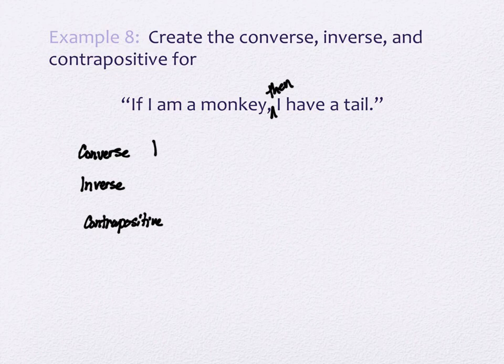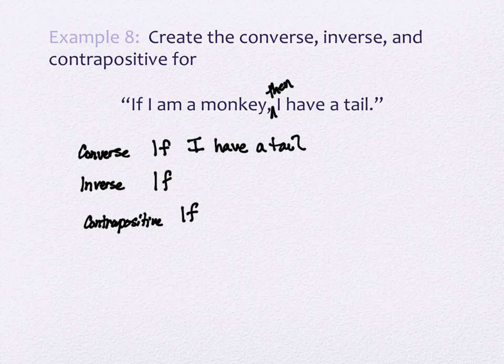Okay, if stays still, and it will stay still in all the cases. So instead of it saying if I'm a monkey, it will say if I have a tail. And this one works really nicely. I don't have to change any verb usage, but sometimes you do with the if-then statement. So feel free to adjust verbs to make them make sense from a grammatical standpoint. So this one is if I have a tail. What would come next? Yeah, then I am a monkey.